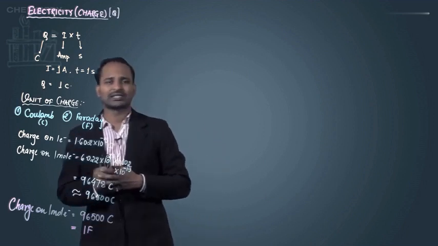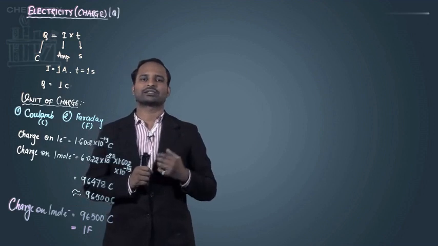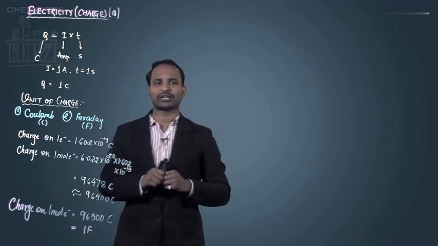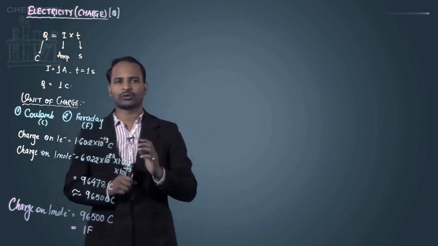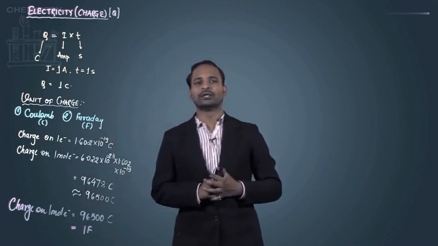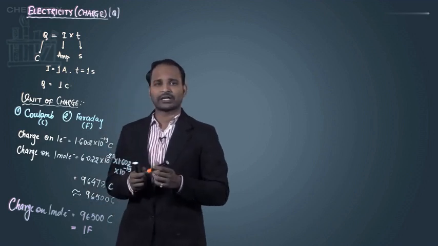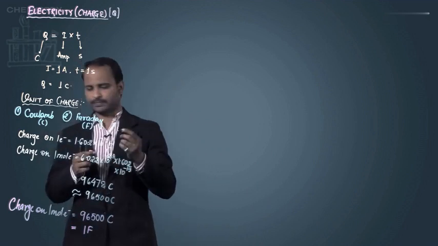The answer we get from Faraday's laws. So we have two laws of electrolysis, known as Faraday's first law and Faraday's second law of electrolysis. Now let's start with Faraday's first law of electrolysis.